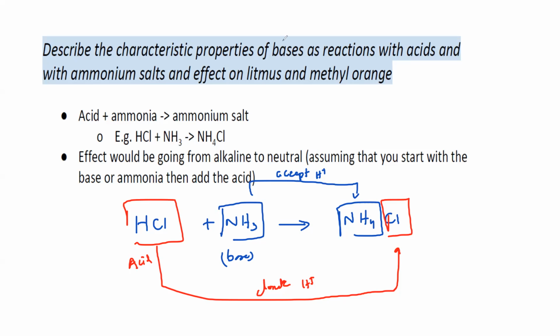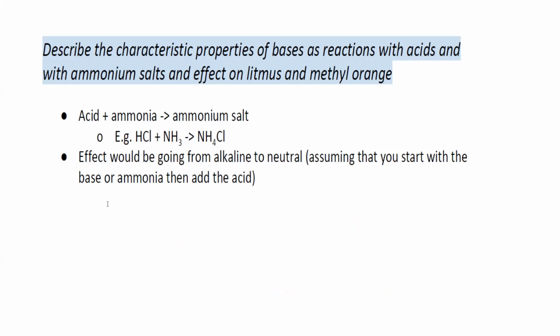And there is also another definition of a base. A base is a proton acceptor, or we can also say an OH ion donor. If it accepts a proton or donates an OH ion, we also call that a base.